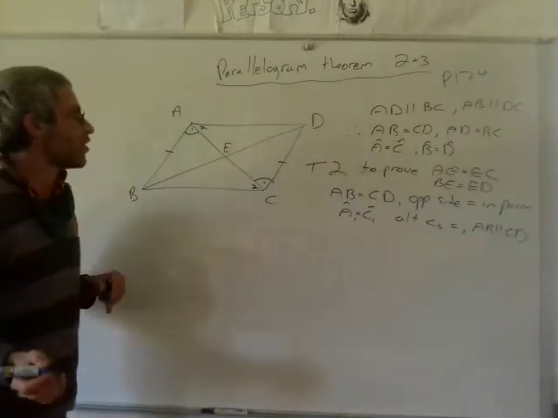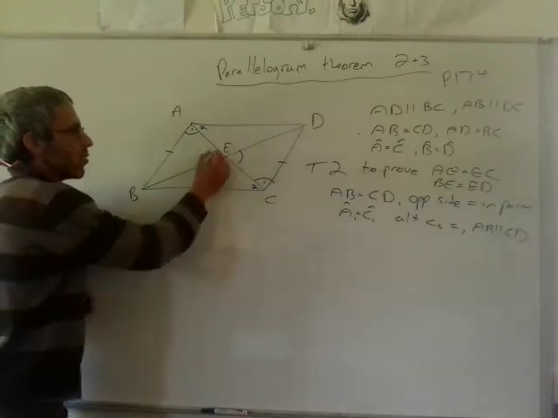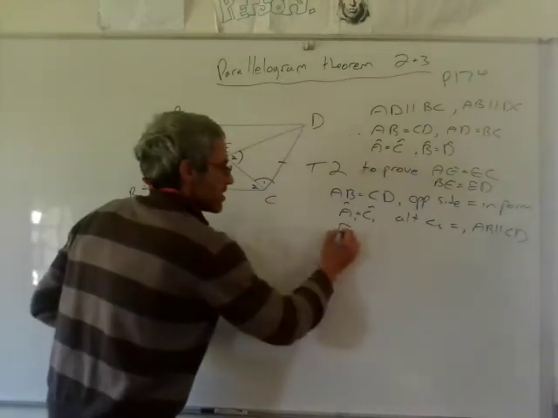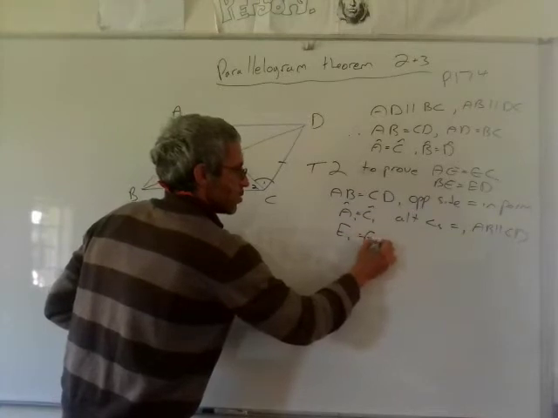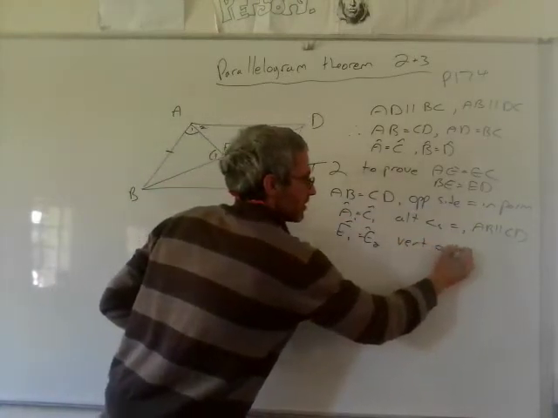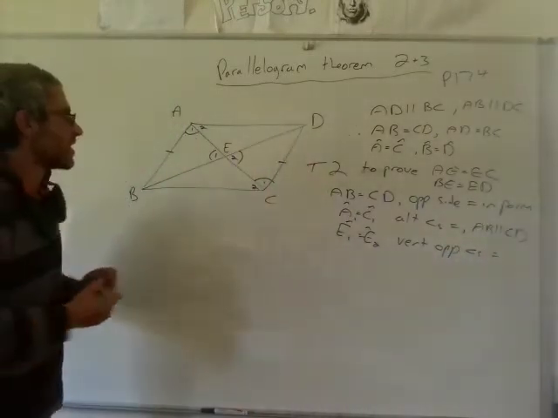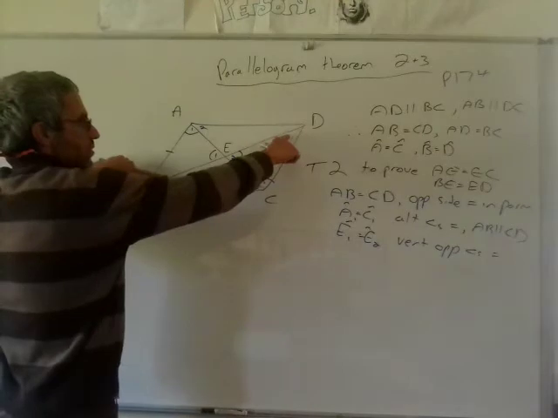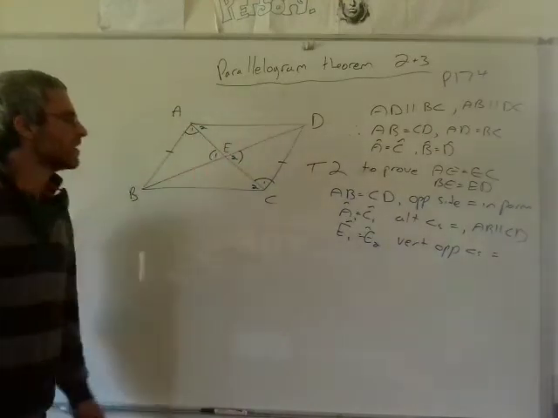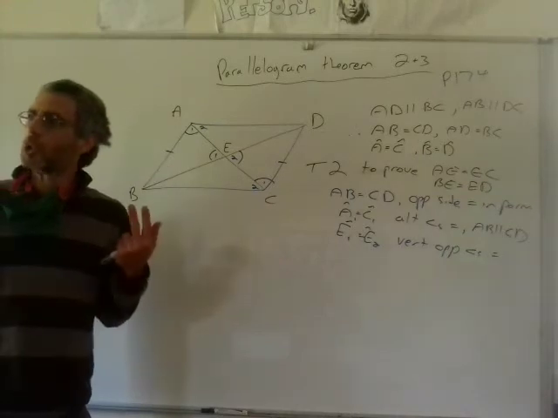And then we've got another pair of angles that are equal. We can call that 1 and that 2. So E1 equals E2, because these are vertically opposite angles which are equal. There's another pair of angles that are equal, those two, again because they are alternating. But I only need two angles.